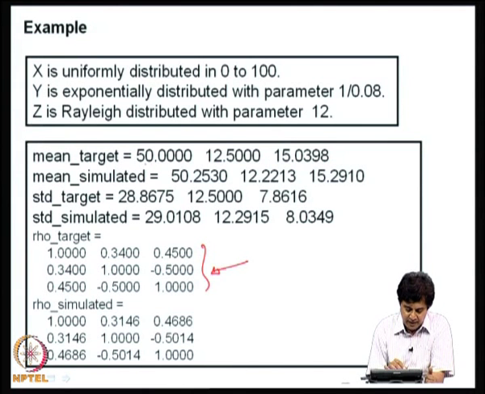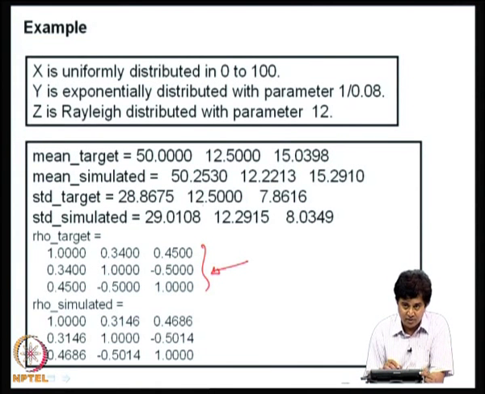Now, the target mean for this is 50, 12.5 and 15.0398, that can be calculated from the given values of the system parameters. With the simulation, we got a mean of 50.25, 12.22, 15.29. And the standard deviation target is 28.86, 12.5, 7.8 etc. and the simulated one is 29 point something, 12.29, 8.0 etc.